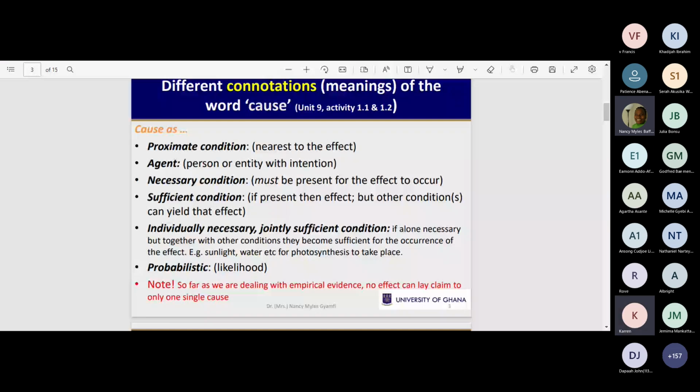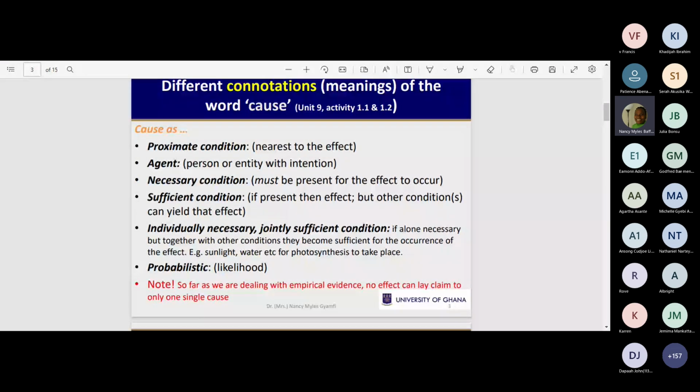So when we say the University of Ghana has done this, you won't see the University of Ghana standing anywhere, but it is representative of what? A human, an intentional entity. Okay, so agent is dealing with a human being or an entity responsible which has intention and purpose.